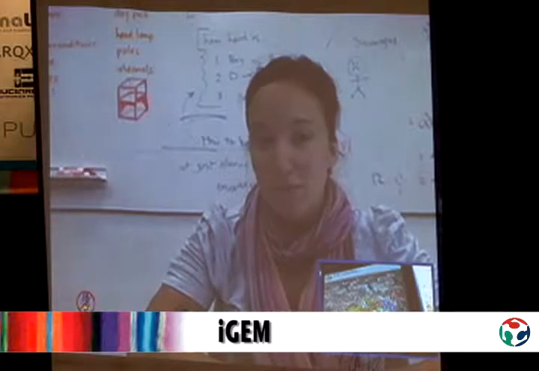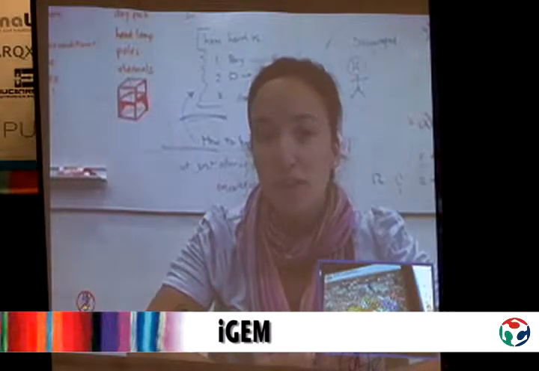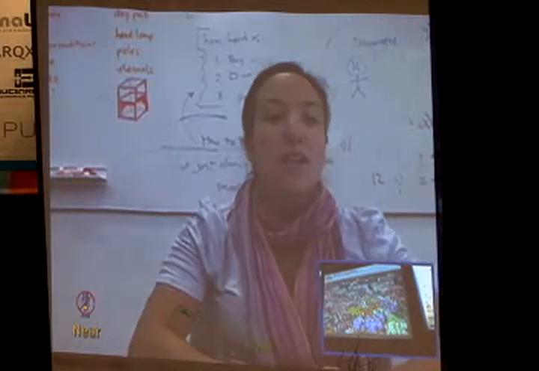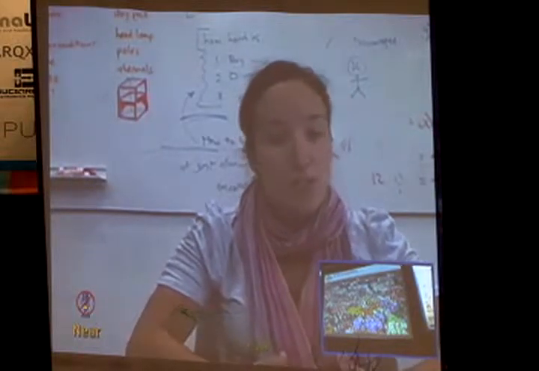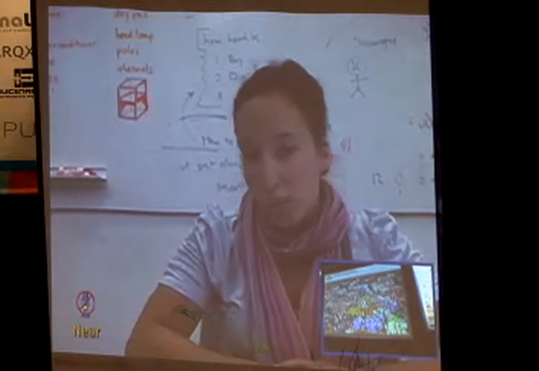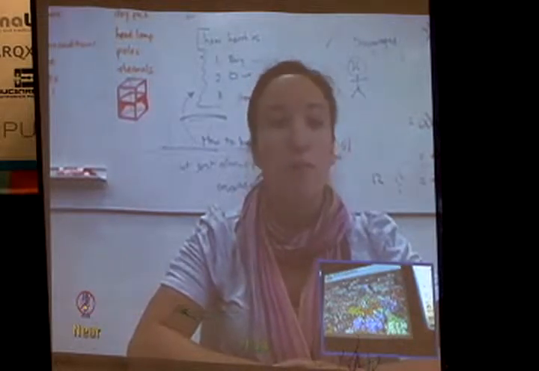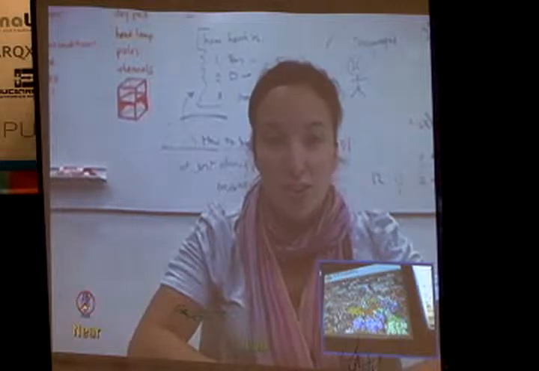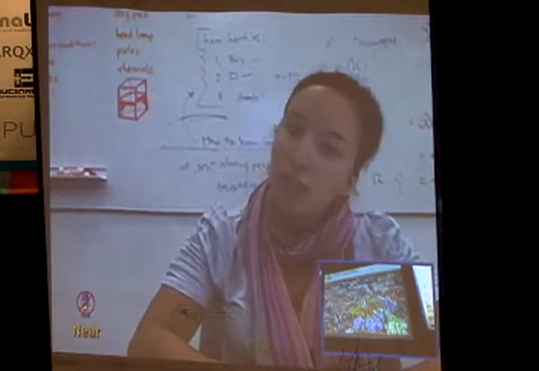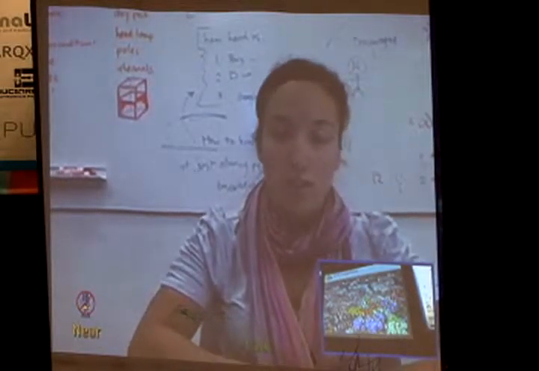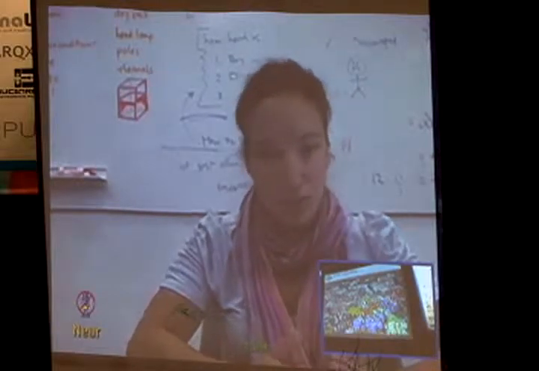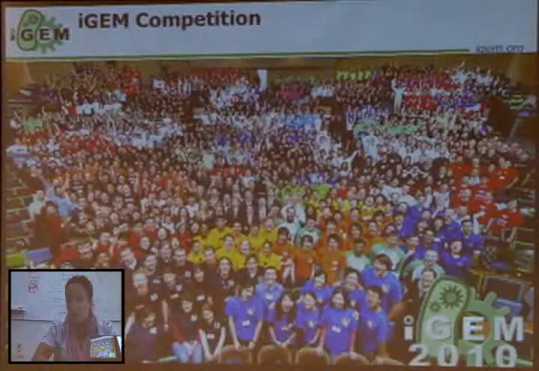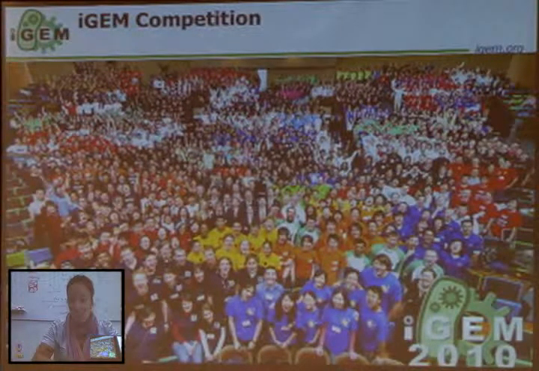The iGEM competition is the premier undergraduate competition in synthetic biology, with student teams from universities participating from 30 different countries all around the world, all working in synthetic biology with these standard parts. So what are standard parts? What is synthetic biology? We should start from the beginning, so advance to the next slide, please.